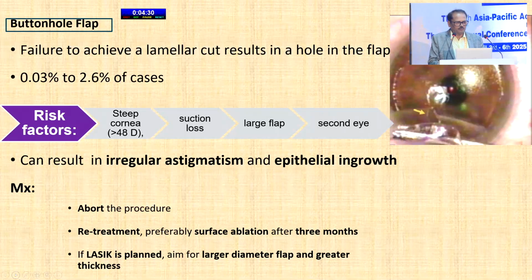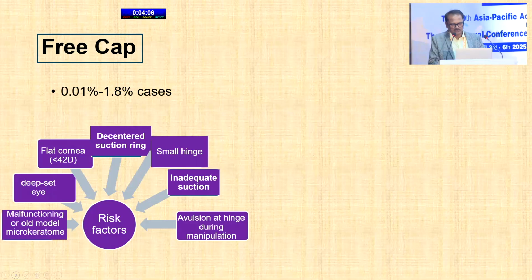And if you are planning for a large flap, it happens most of the time in the second eye, the reason being that the cornea gets dried, and there are more chances of buttonholing of the flap. It can result in irregular astigmatism and epithelial growth, so it has to be managed well. And again, the principle is to do the retreatment 3 months after the complications.